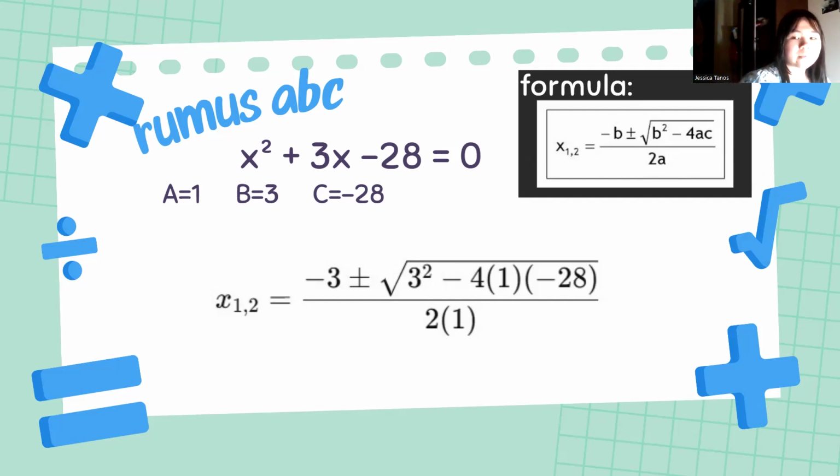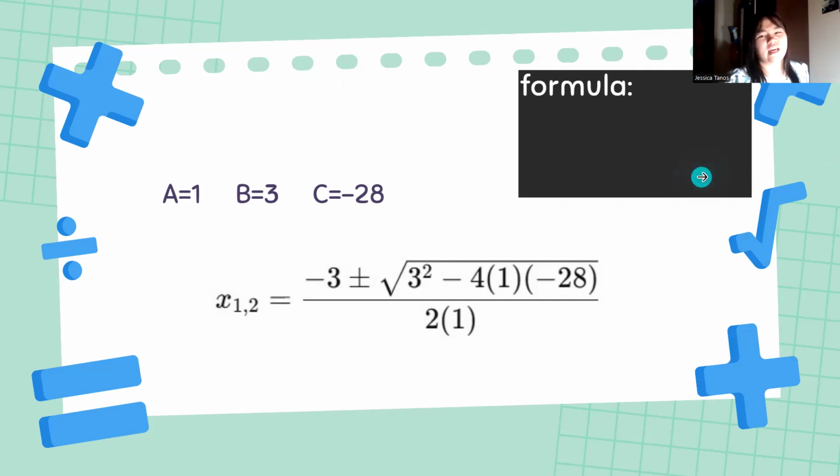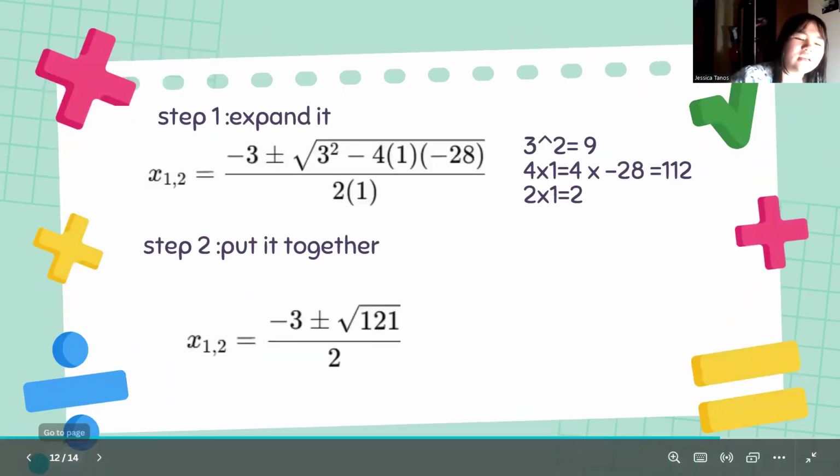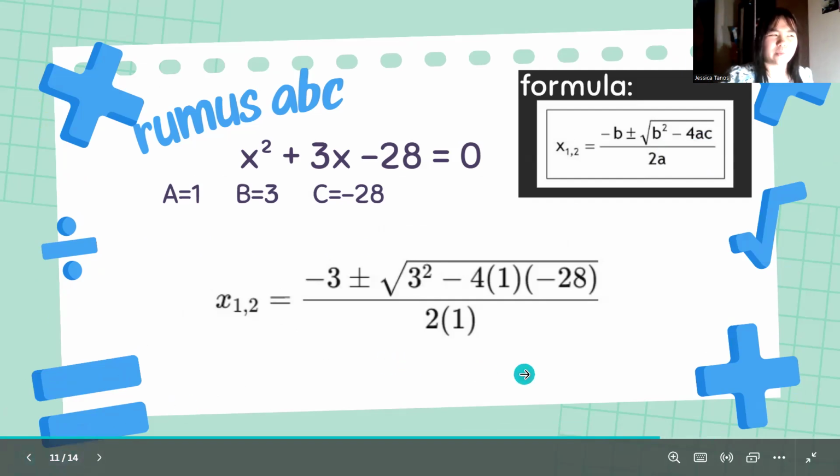So minus b plus minus the square root of b squared minus 4ac. It's basically like, if you want to make it easier, you need to make it like a rhyme. I don't know why.